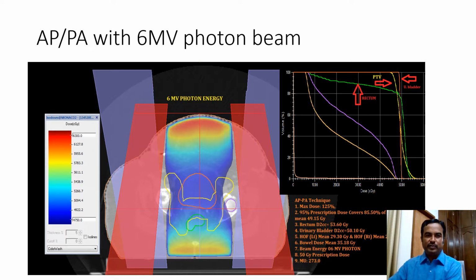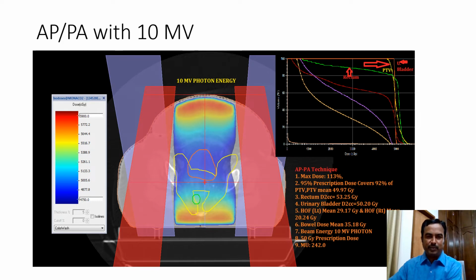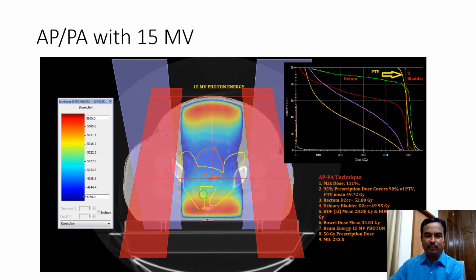If you use 10 MV for the same patient, the maximum dose will come down to around 113%, but still there is some part missing in the parametrium. But if you go for 15 MV, 90% of the PTV is receiving the prescription dose, and the maximum dose falls around 110%. So the 15 MV photon beam will be used in most places if it is available.